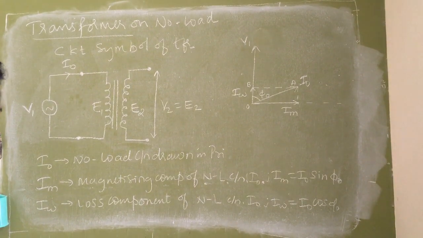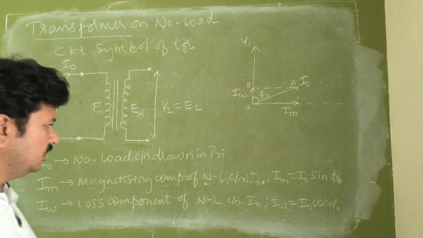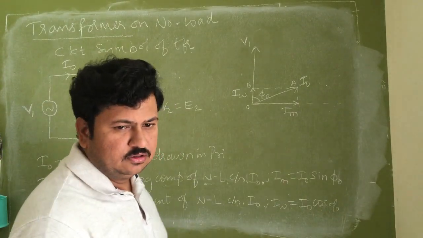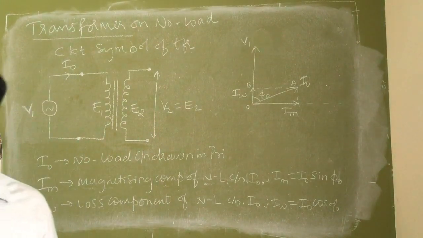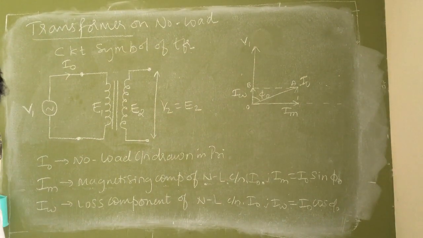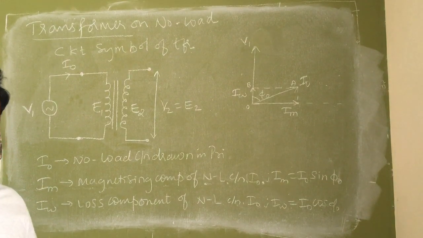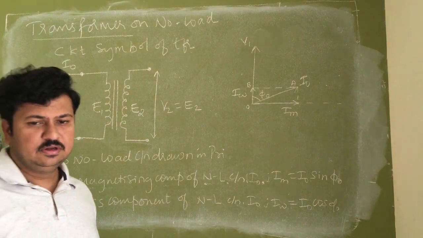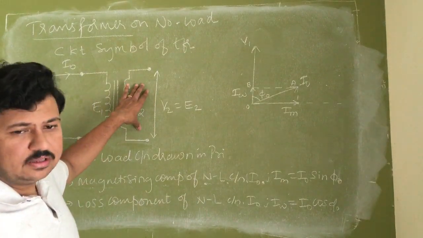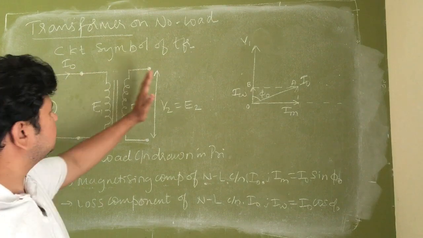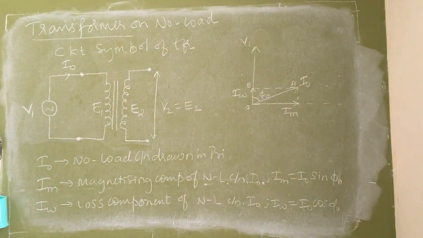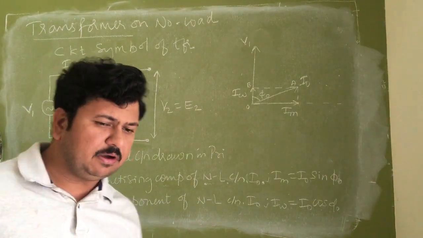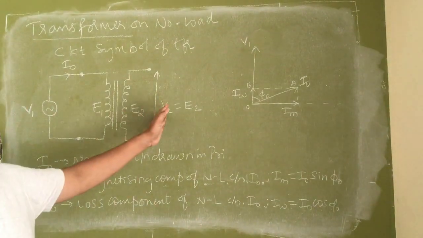Now you can observe one component is I cos phi, the other component is I sin phi. What is the I cos phi component? We know that the I cos phi component is always the working component of the current, that is the loss component or power consumed. Now there is no power to be transferred from primary to secondary, but still the transformer will draw some power from the source even at no load. Why?